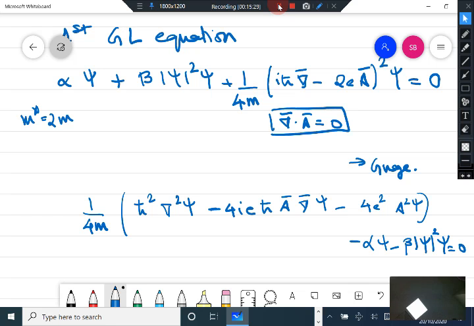You can show this expression. You will explicitly get something which looks somewhat like a Schrodinger equation.